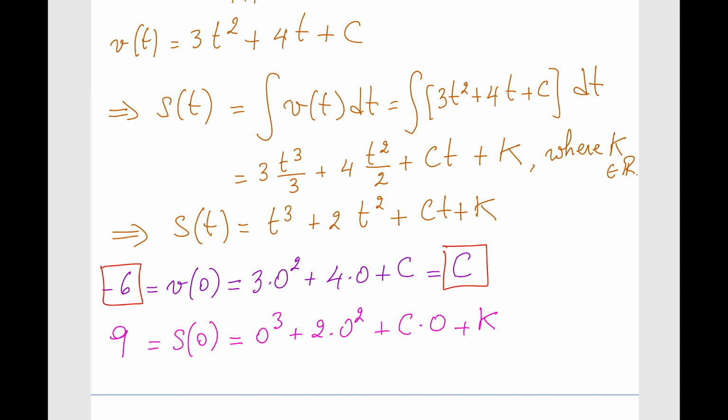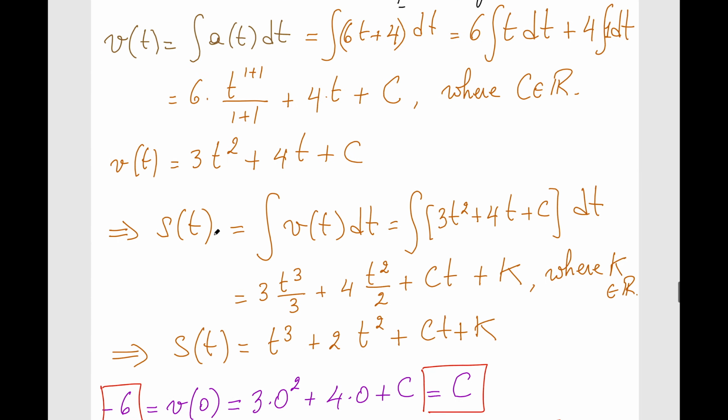And what is that? This is 0 plus k equals 9. So k is 9. Alright, let me just erase this and box the equality too. Alright, so c is negative 6 and k is plus 9.